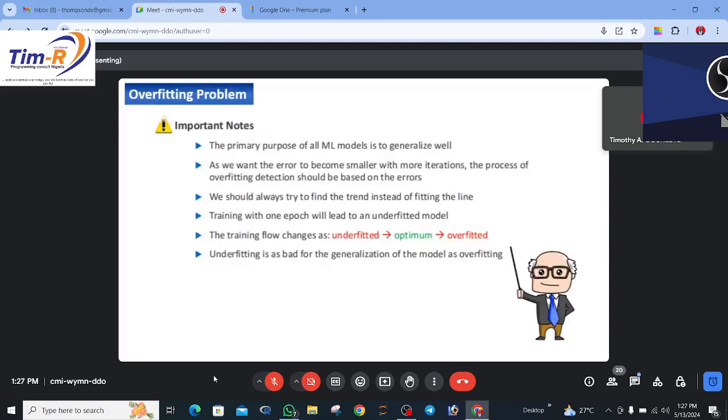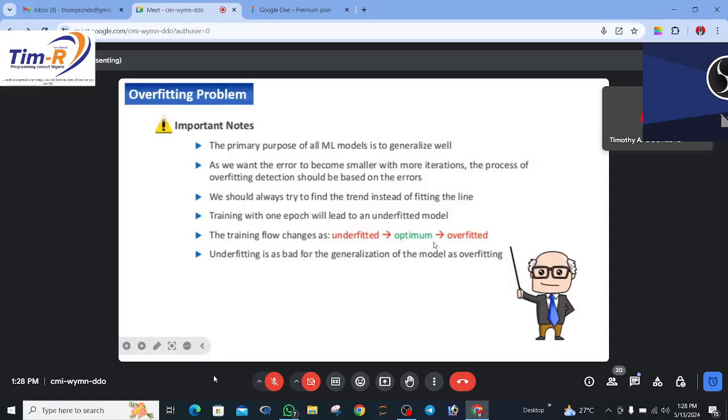The training flow changes from underfitted to optimum to overfitted. So we always need to know when the model is already at the optimum so we can stop the training. From underfitting, it keeps training and learning and understands the pattern in the data. If we still leave it to keep training, before you know it, it starts overfitting.